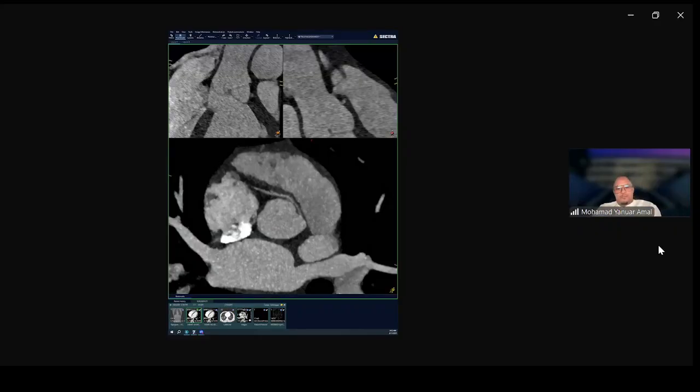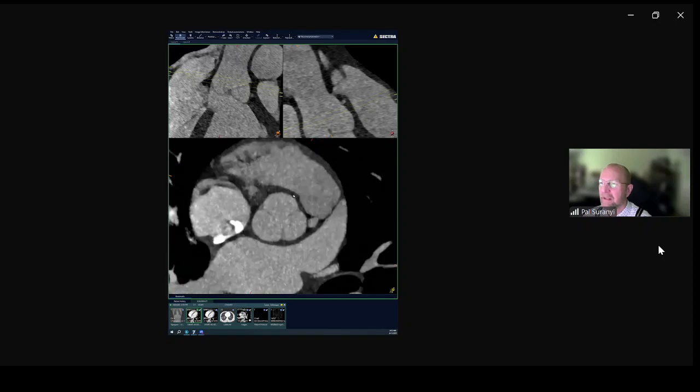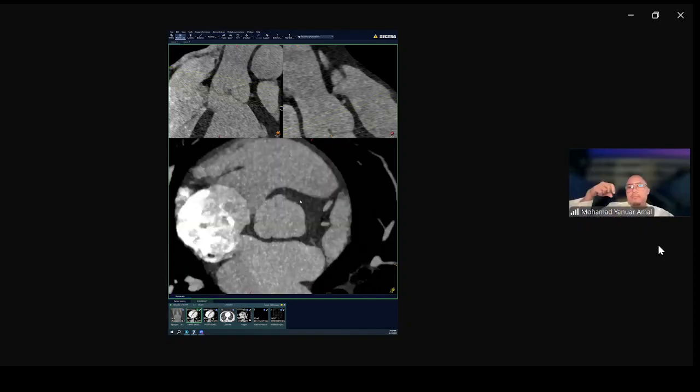I have a question, Prof. Yes. About the interarterial course of the coronary artery. Do we need to look at whether it is interarterial or a subpulmonic course? Oh, you mean like when it goes into the septum, like here? Subpulmonic.